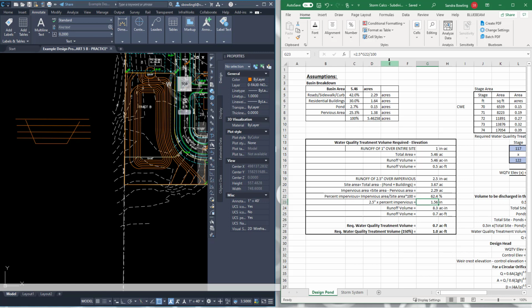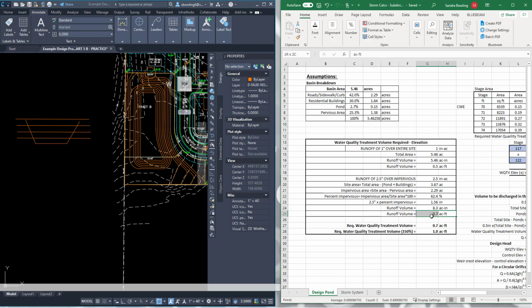Now, I'm going to take the 2.5 inches multiplied by the percent impervious, and the 100 is to convert it from percent to decimal points. So then I'm going to multiply that value times the area minus the pond, because the pond, again, doesn't have to be treated. So from there I get acre inches, and then I have to divide that by 12.